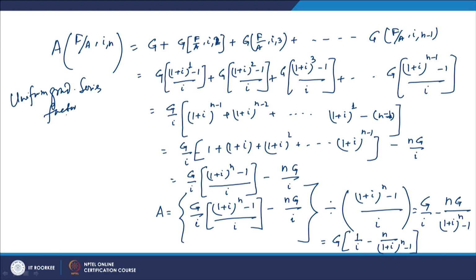This will be multiplied with G, and that will give you A. So it will be A by G i n. If this factor is multiplied with G, it will give you A. So this factor becomes 1 by I minus n upon (1+I) raised to the power n minus 1. So this is the uniform gradient series factor.